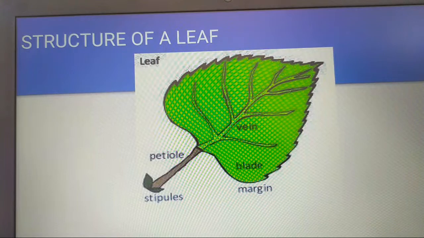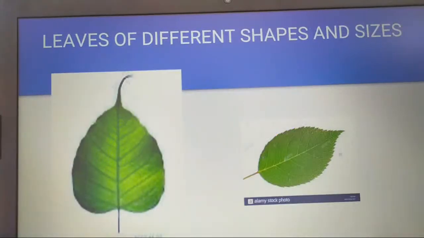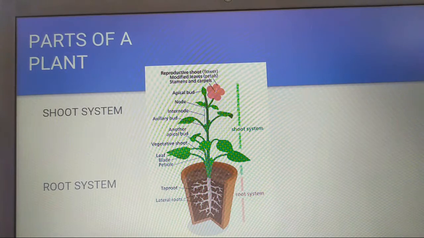A bud is usually present in the axil of a leaf, which is called axillary bud, as you can see in the figure. You can see the leaf is attached to the stem. The point where it develops is called node. And at the node develops a small bud which is called axillary bud.